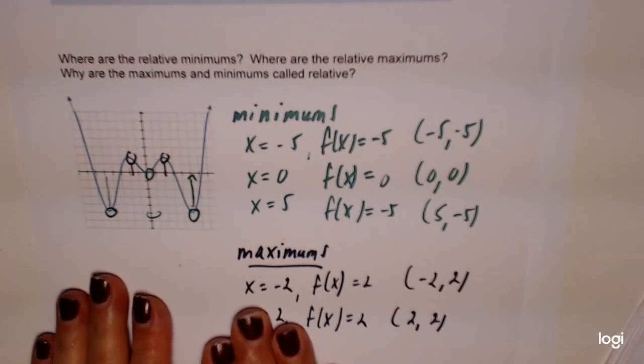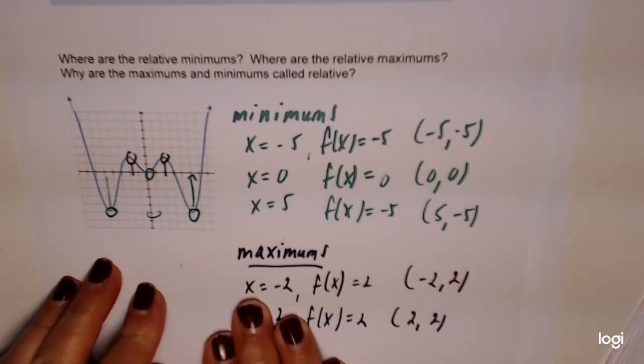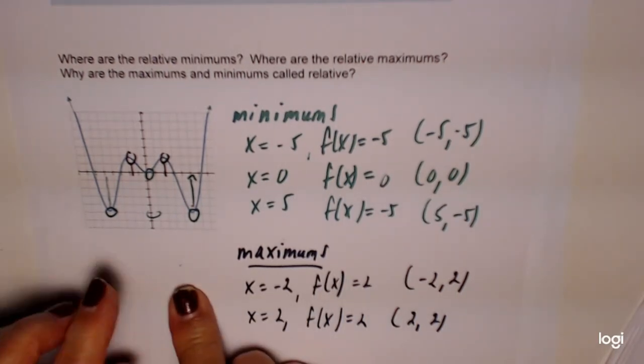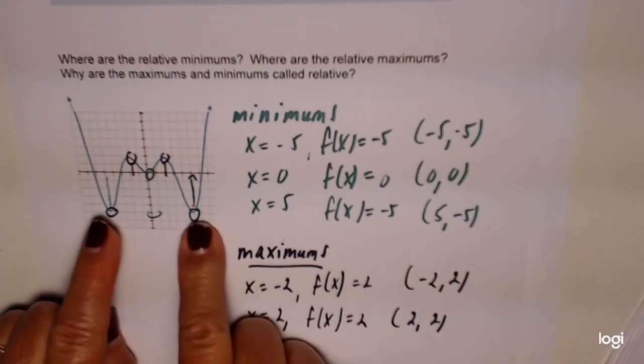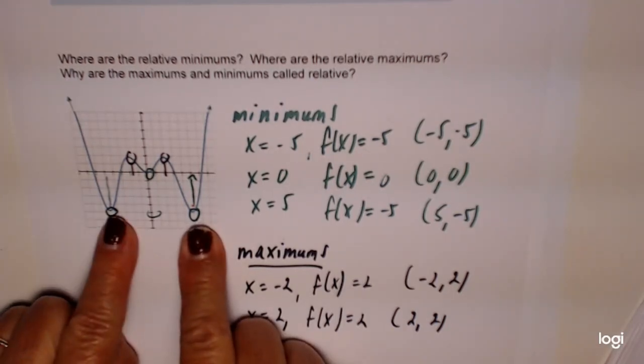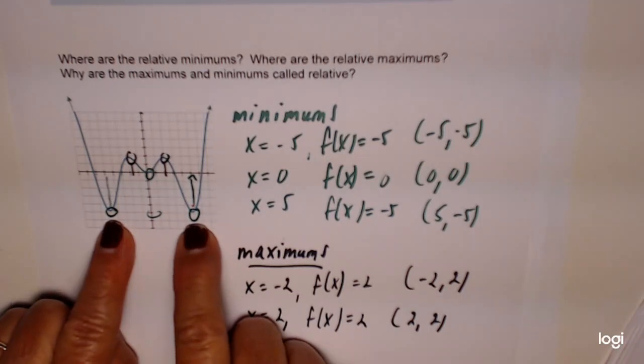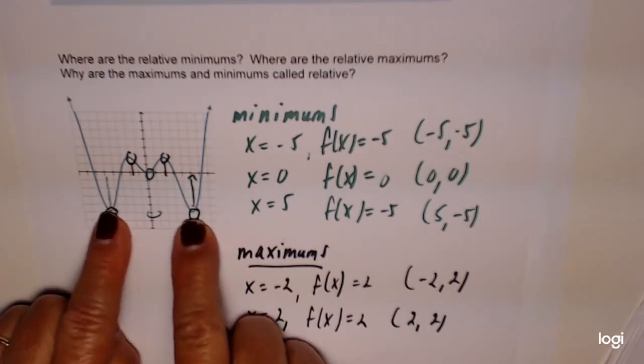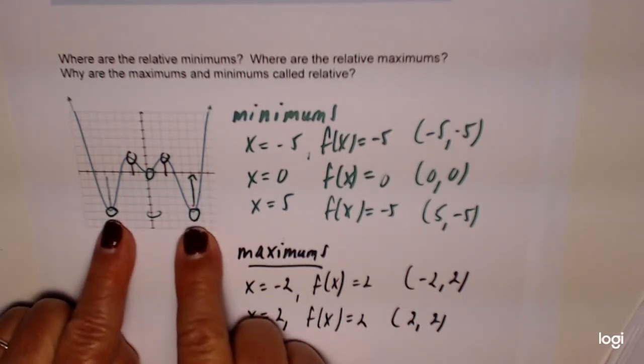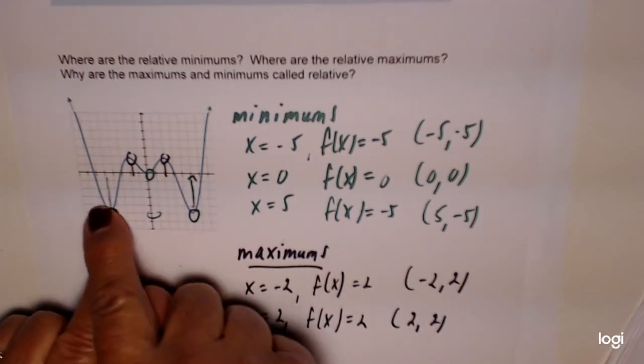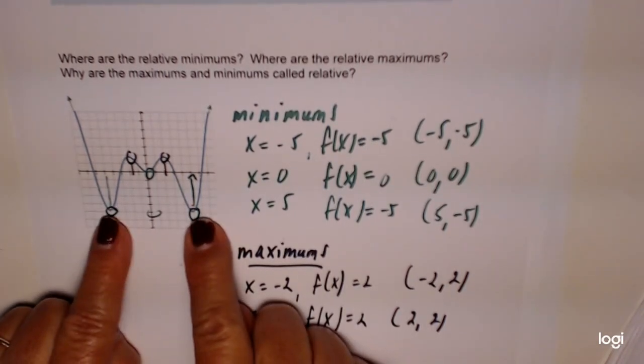Looking at our examples in regards to minimums, these two minimums here, -5, -5, and 5, -5, are the smallest points in these areas of the graph, so they're relative.